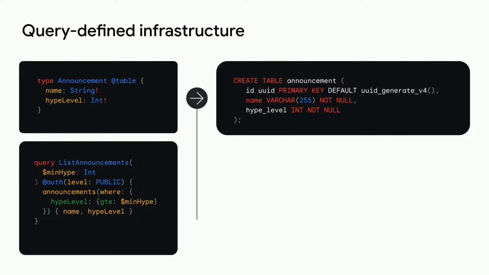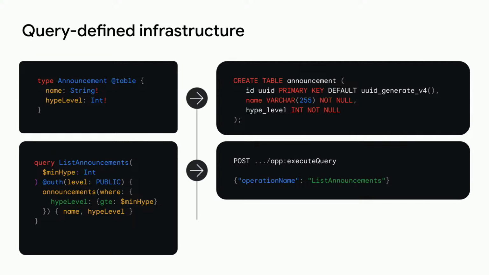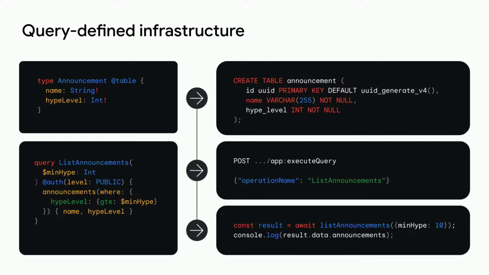So from my schema, we generate the underlying SQL DDL to match. So the Cloud SQL instance will have the matching schema. We also generate that API endpoint, which can be called into to access that data from the query. And we even generate that type-safe SDK. So that type-safe SDK is just one line, and it can really easily just pull that data out of the database and power your client experience.